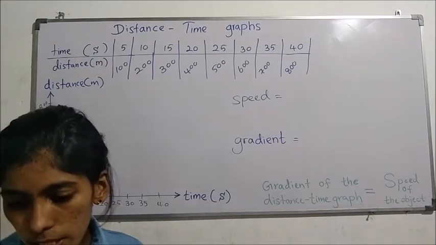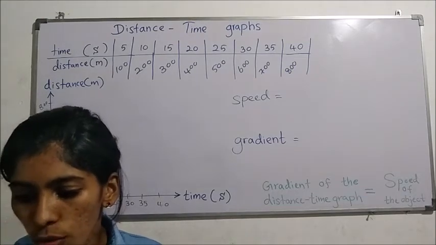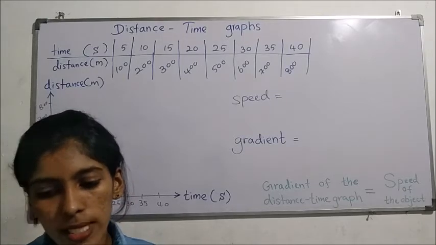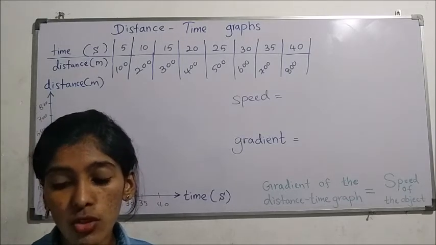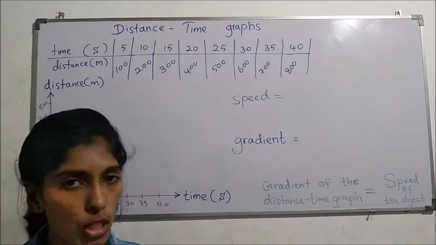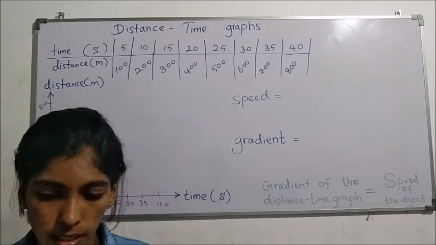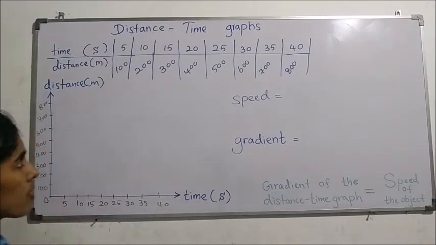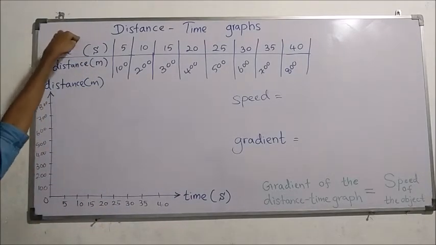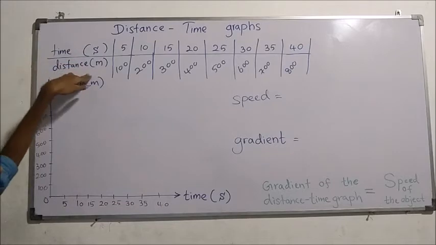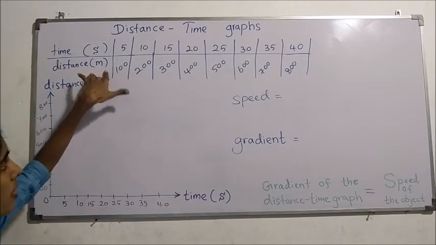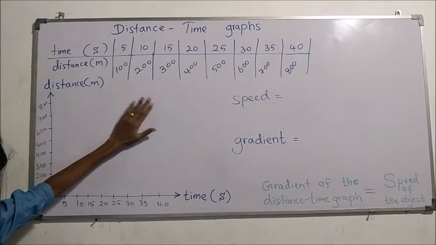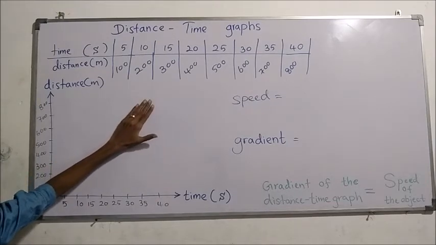In this table, the information collected by observing the motion of a satellite traveling with uniform speed is given to you. Time is given in seconds and the distance is given in meters. These are the relevant values, and we are going to draw the distance time graph.